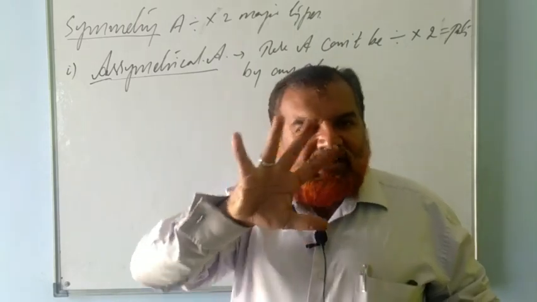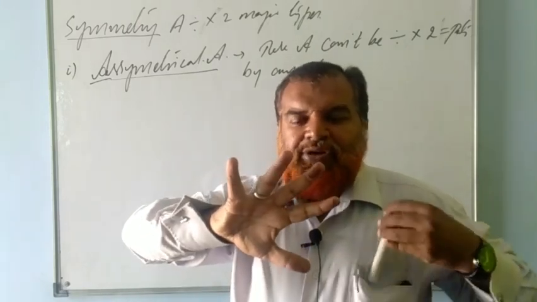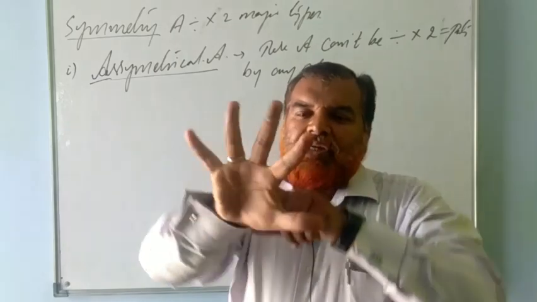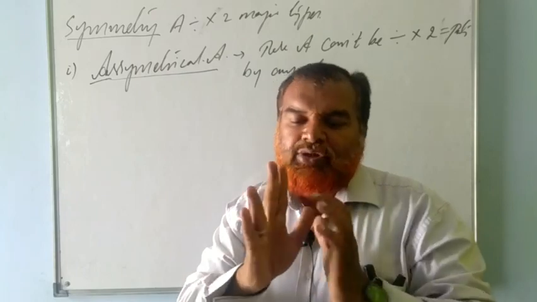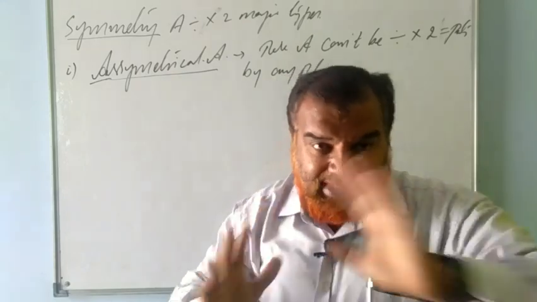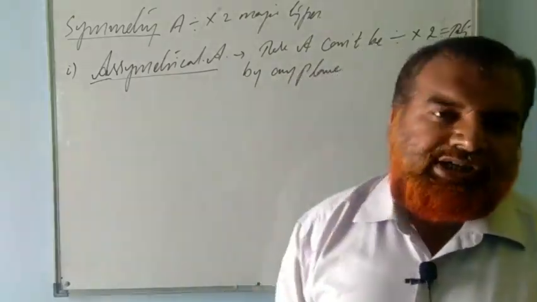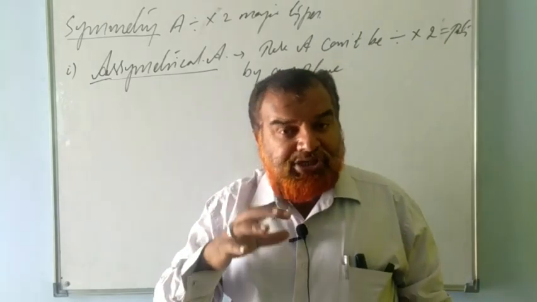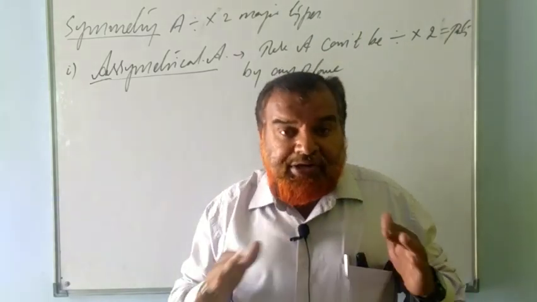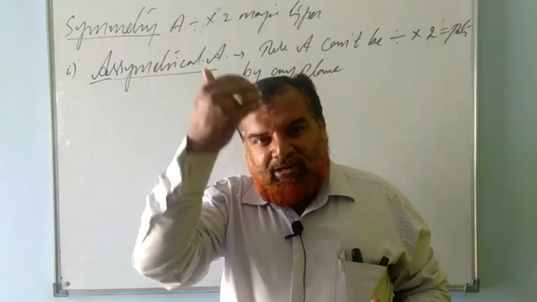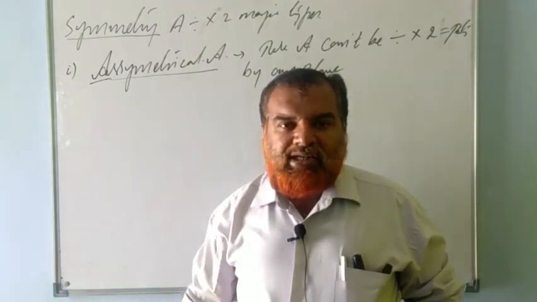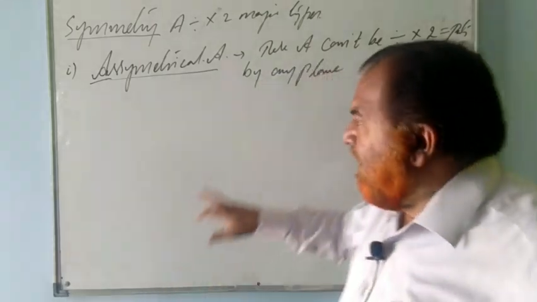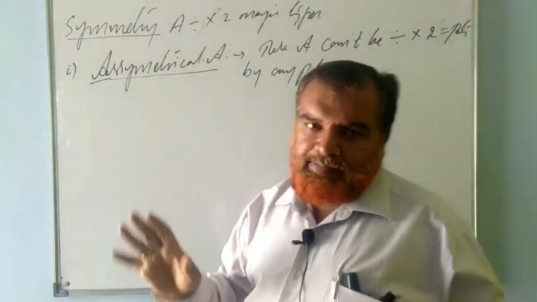For example, if it is an animal like this, if you divide this animal into two, here you are getting three fingers, here you are getting two fingers. I hope it's clear. So these two sides are not identical, not symmetrical to each other. Such animals cannot be divided into two equal parts, either vertically or radially or horizontally, by any plane, by any line, by any means.